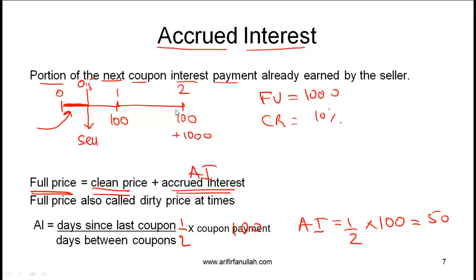So if the market rate of interest has not changed, and let's say for simplicity that remains 10%, then the clean price will simply remain 1000, which will be the present value of these future cash flows. So the clean price is going to be 1000. The accrued interest that we just calculated is equal to 50. So the full price will be 1050. The full price is also called the dirty price at times.